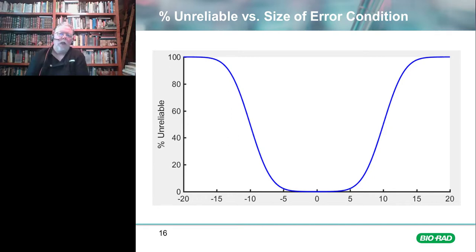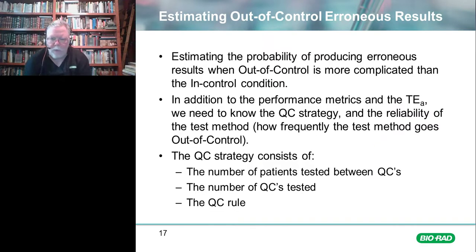Okay, so now we've presented a model for in control. Now let's talk about out of control. Unfortunately, estimating the out-of-control erroneous results is quite a bit more complicated. The reason is that, first of all, it depends, as we just saw, on the size of the error condition.